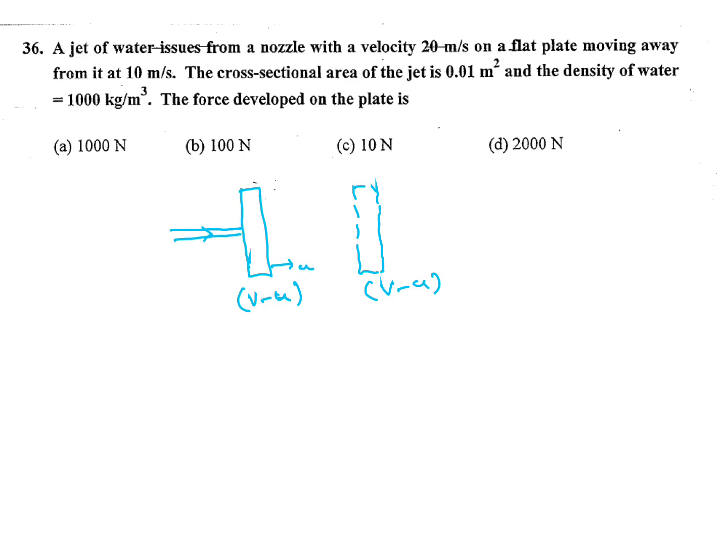V equals 20 meter per second, u equals 10 meter per second. The cross-sectional area of the jet A equals 0.01 meter square. Density is 1000 kg per meter cube.